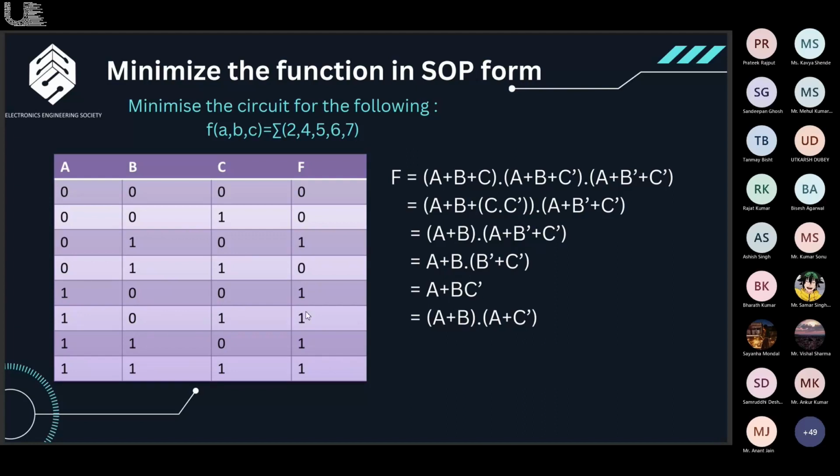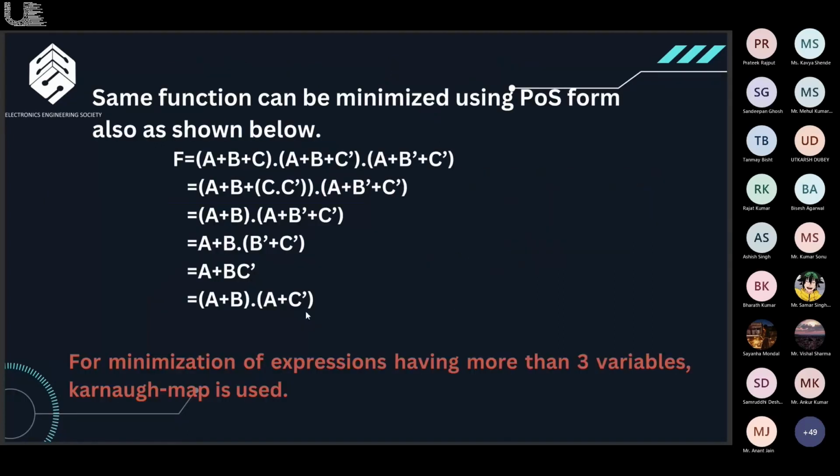In this way, we can write all the min terms together and get the equivalent SOP expression, and then we can minimize the given SOP expression using Boolean laws. Similarly, if a Boolean expression is given in POS form, you can easily simplify it using Boolean laws and get the equivalent output.